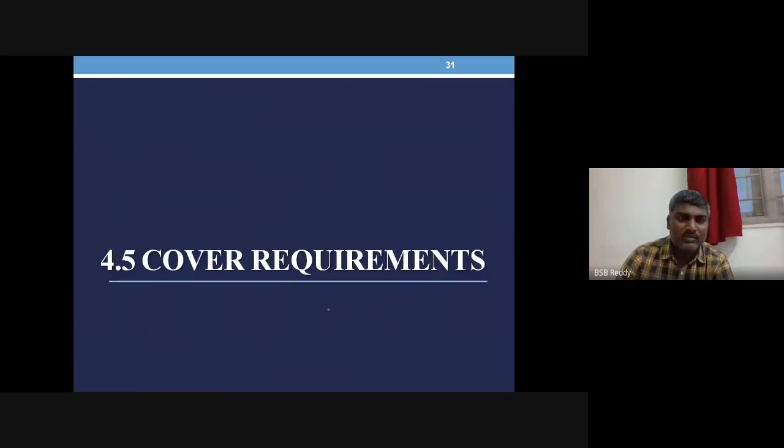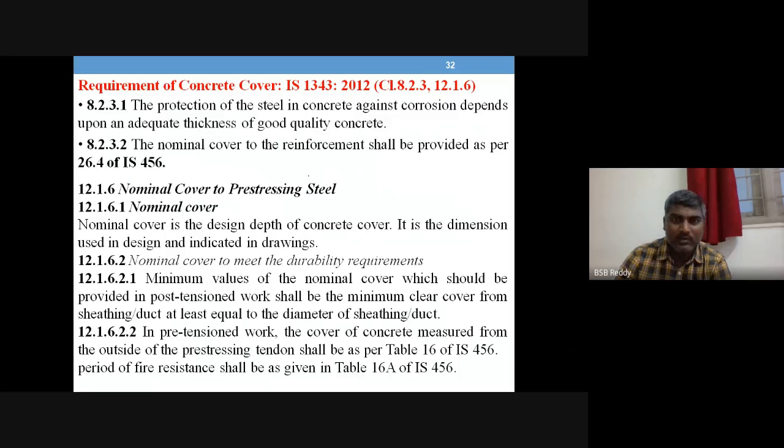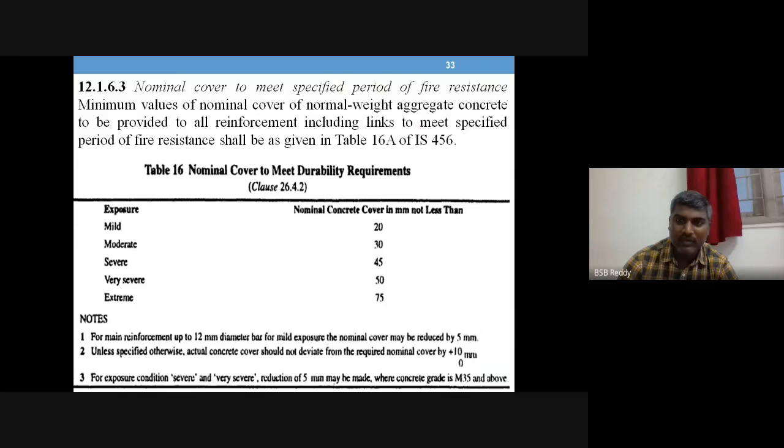Cover requirements: the IS code talks about the cover requirements for protecting the high strength steel. There are two major concerns with the nominal cover to be provided: meeting the durability requirements is one aspect, and fire resistance is another aspect.